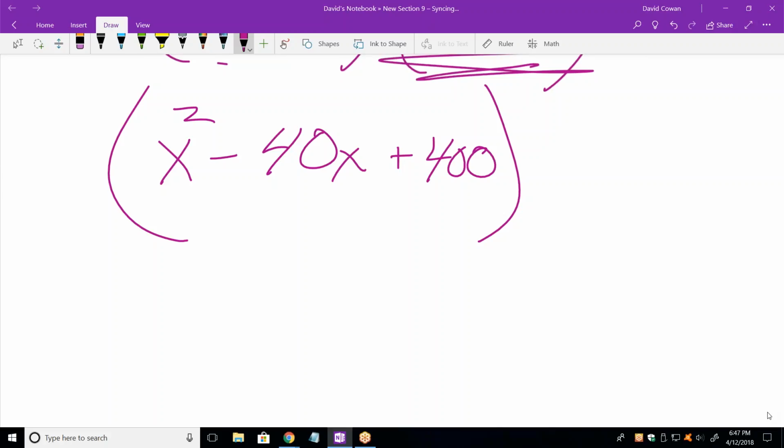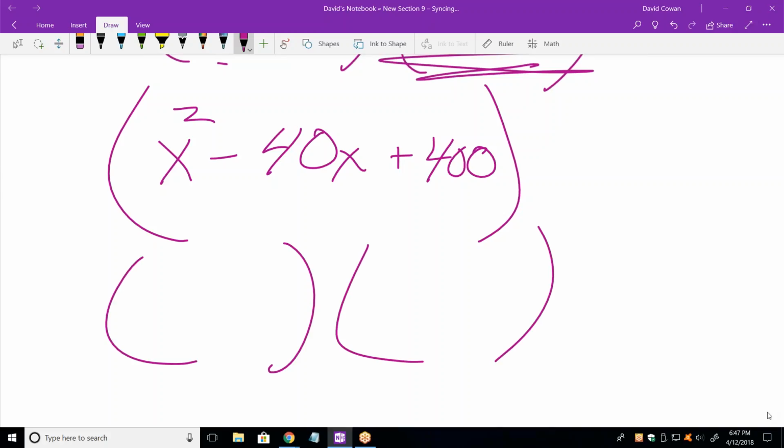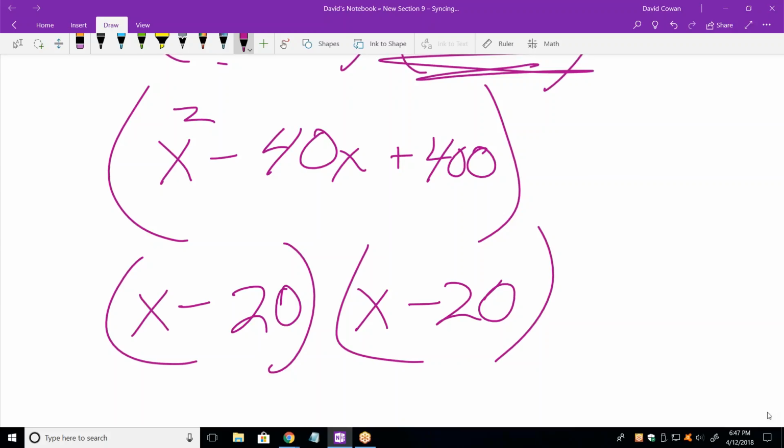So it'll be x minus 20 squared. Or since they said factor it, let's write it like that. It's the same as x minus 20 squared, but they specifically said factor it, so let's show them both factors. Either answer would be correct.